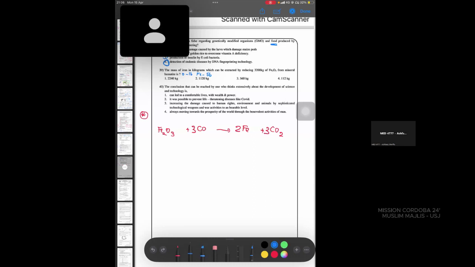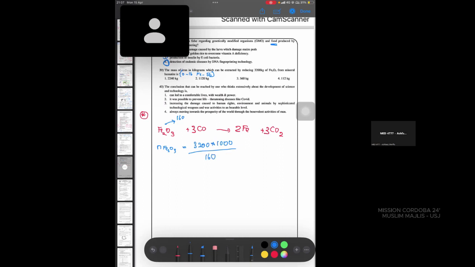Okay, so number of moles of Fe2O3. What is the molar mass of Fe2O3? Oxygen is 16, iron is 56. 160. Good. So what is the number of moles of Fe2O3? Mass is 3,200 kilograms. I convert to grams, multiply by 1000, divided by molar mass 160.